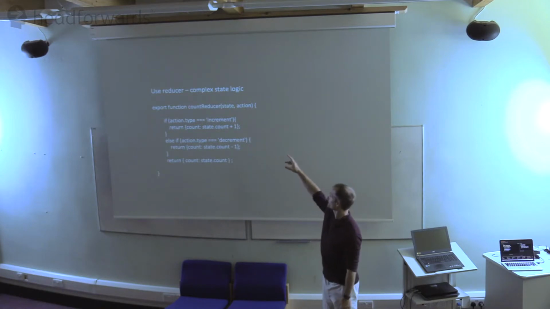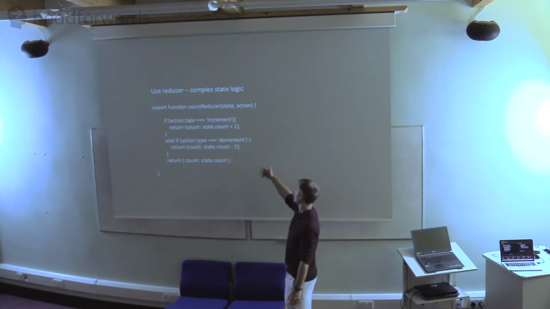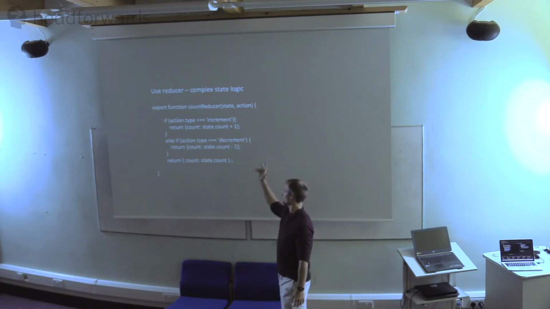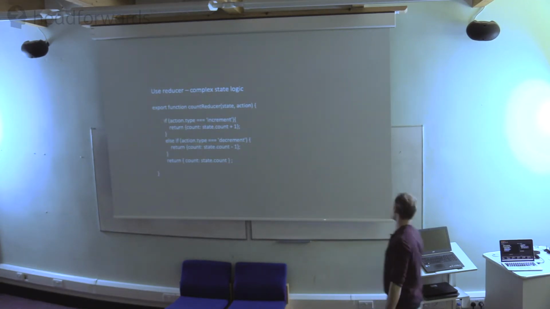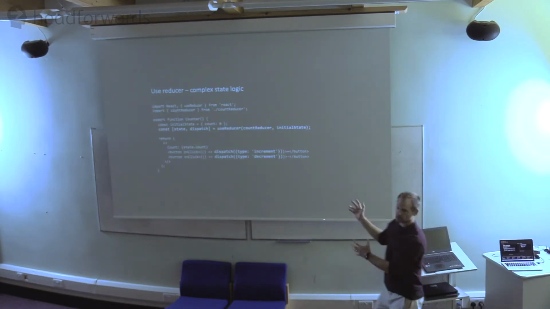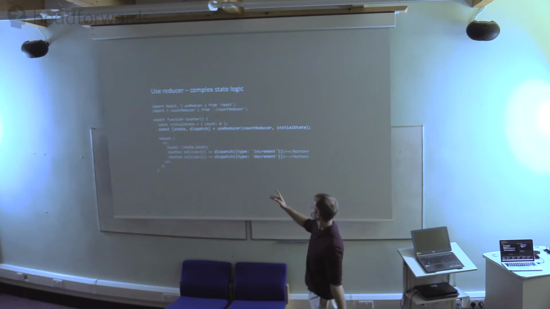In this case, this will just say, okay, am I incrementing or decrementing? Then it will add 1 or -1, and if it doesn't get anything, then it just returns the state as it is. And how you use this, you use another built-in hook called useReducer at the top, imported, and it's fairly simple.